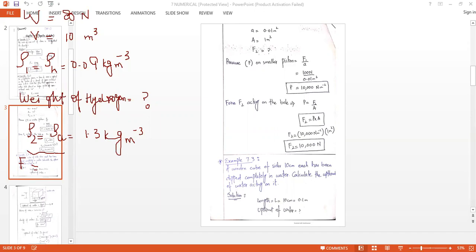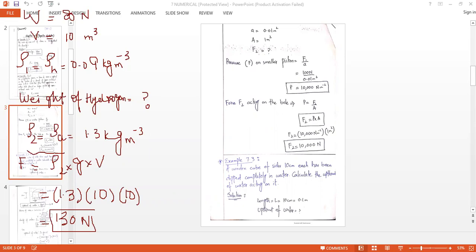So in this case, F for upthrust equals rho 2 into G into V. What is the value of rho 2? 1.3. Value of V is 10. So it equals 130 Newton.